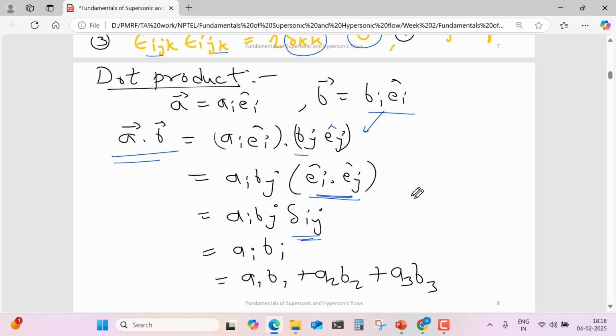Now if we remember the properties, del ij into bj will become equal to bi, so it will become ai into bi, and it can be written as the summation a1 b1 plus a2 b2 plus a3 b3, which is a scalar.